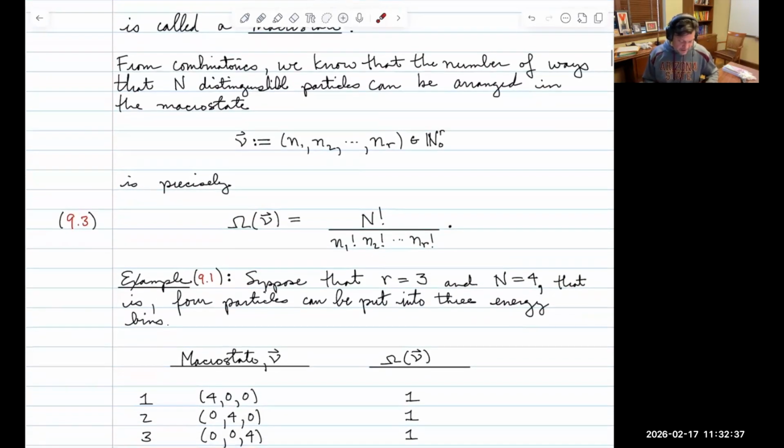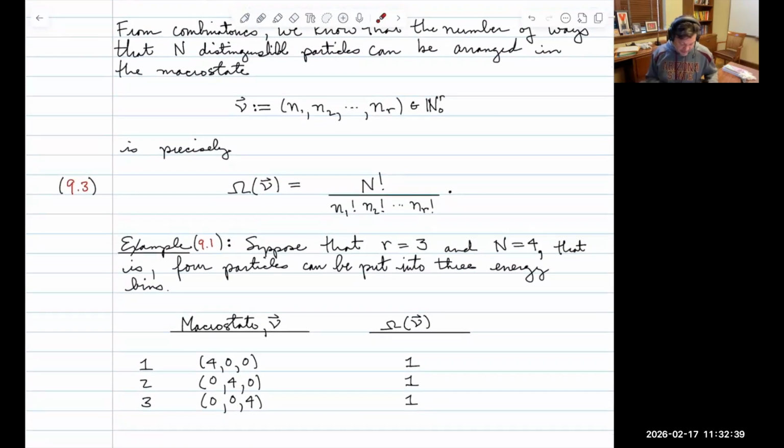So this formula is given to us precisely as this. Omega of nu: if you tell me the macro state, I can tell you the number of ways that particles can arrange themselves into that macro state. That's going to be the number of microstates within the macro state.